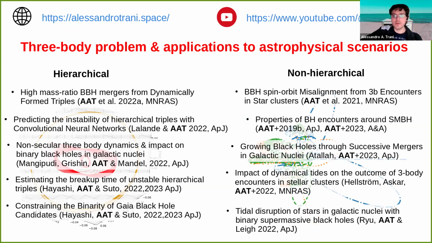Some of them include, again, gravitational wave astrophysics. Some of them are more fundamental problems like stability of triples or constraining binarity. Let's say trying to observe triple black holes in a triple with observations or other kinds of aspects.